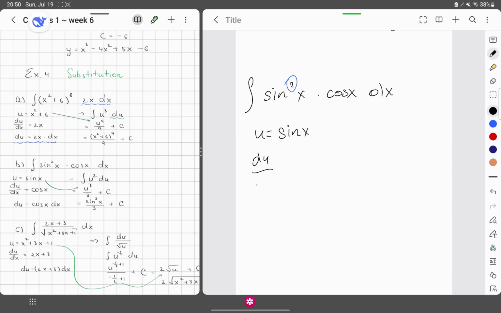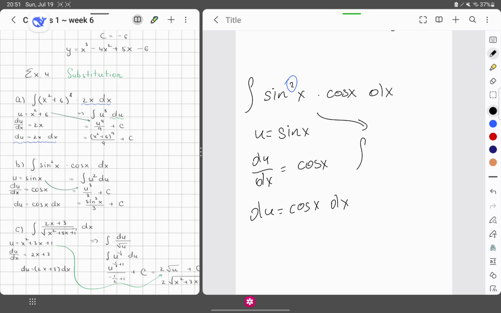The derivative of this one will be negative cosine x, and du will be negative cosine x. Am I right? Okay, wait. Derivative, sorry, not integral, but just the derivative. Oh, I'm sorry. The derivative of this one will be cosine x, and du will be cosine x dx. Let's write this.